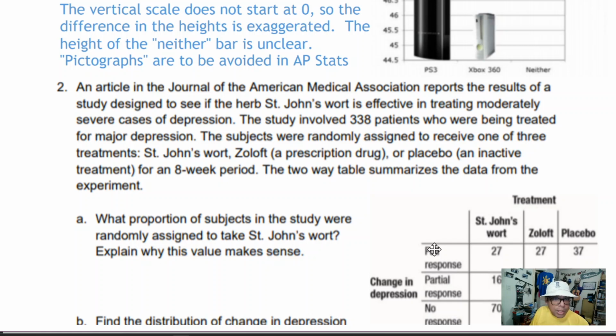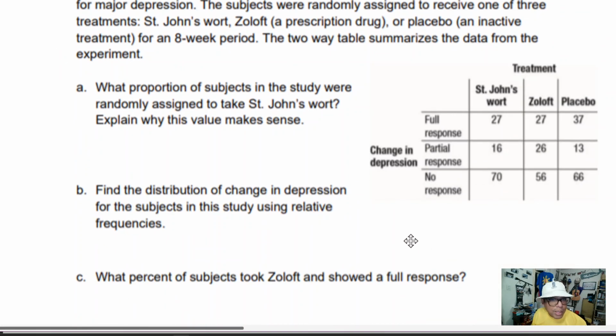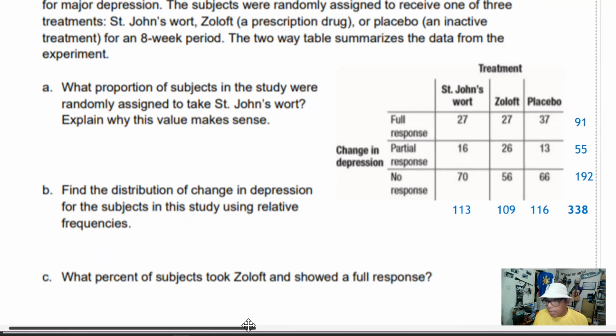The two-way table summarizes the data from the experiment. So here we have our two-way table. I notice that there are no marginal totals, so maybe we should write those in real quick. Okay, I think my addition works out here. Notice over here we've got a grand total of 338 patients or subjects who took a treatment, either St. John's wort, Zoloft, or placebo.